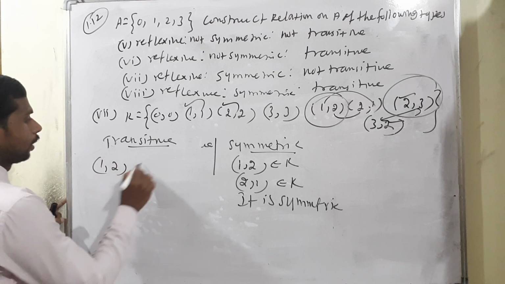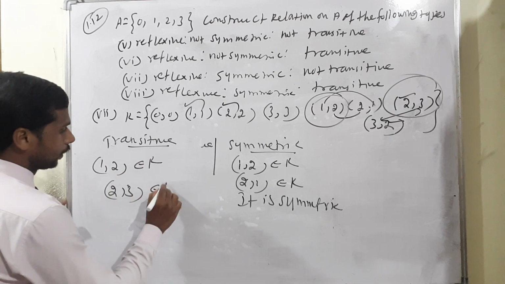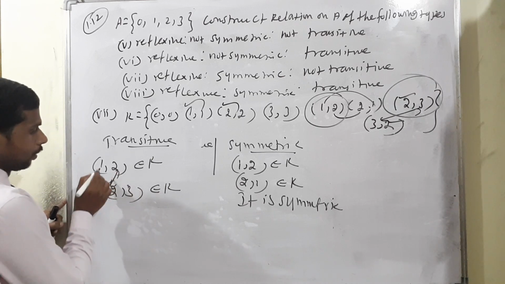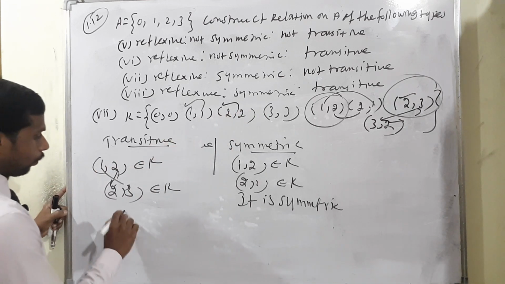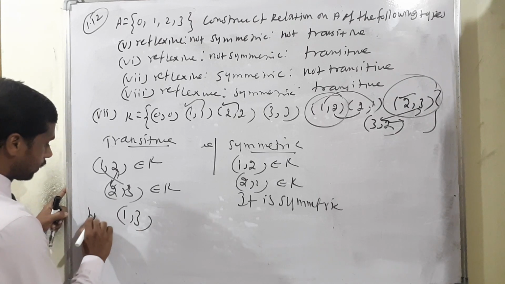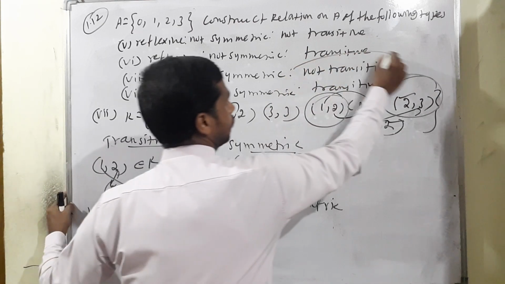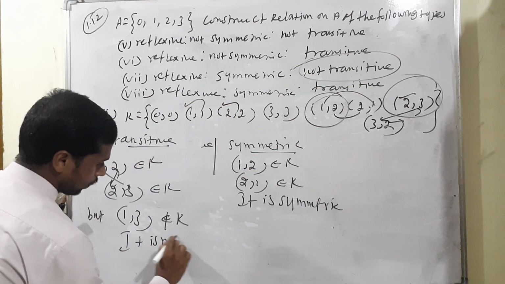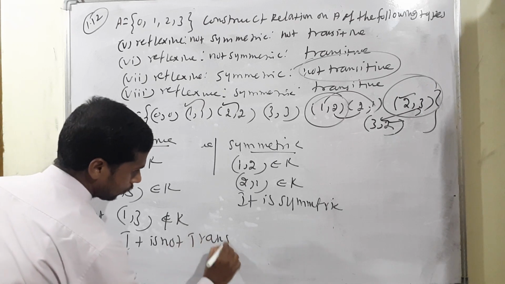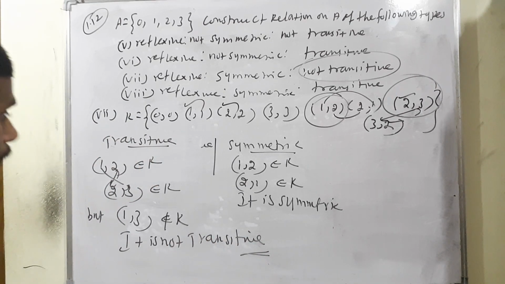So 1, 2 belongs to R, then 2, 3 belongs to R, connected pair. But check it, is 1, 3 available? There is nothing. Therefore 1, 3 does not belong to R. That's why we can say this is called not transitive. Okay, the last one, final one.